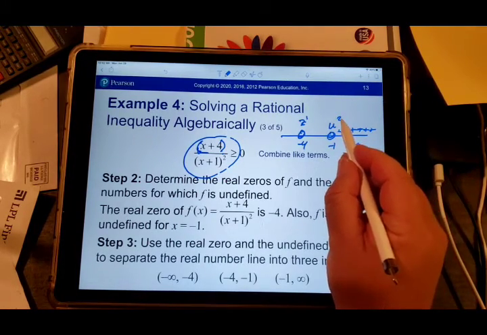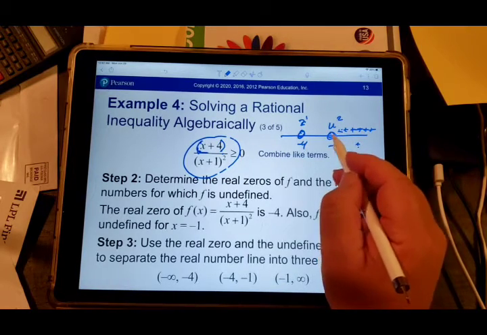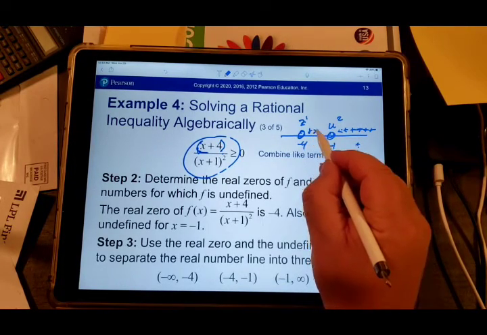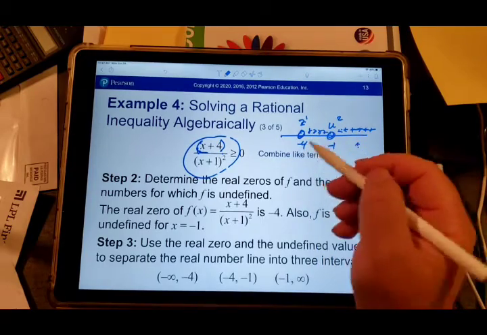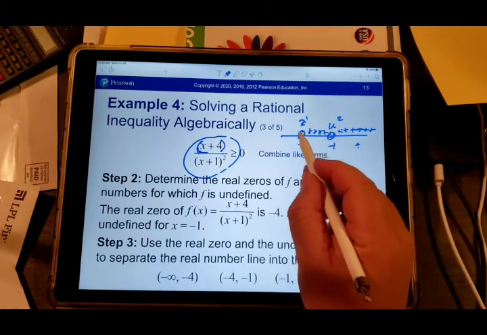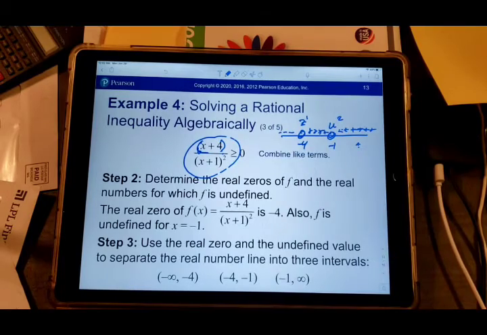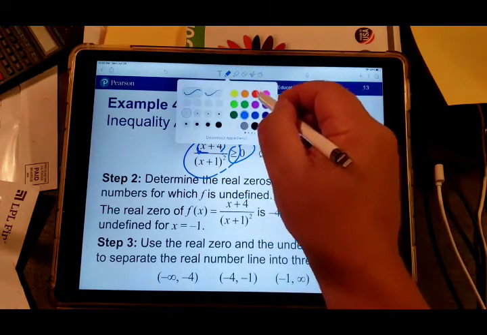What's it going to do at this degree 2 undefined spot? It's going to not change signs. It's going to stay positive. And then at this degree 1, it's going to change signs. So, when is it greater than or equal to 0? That last question is almost a childish question.